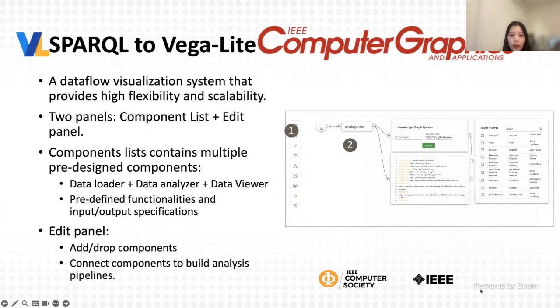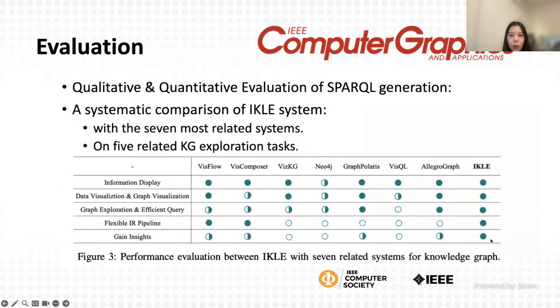We have done several evaluations. First, we evaluated the performance of our SPARQL generation algorithm by comparing it with ground truth SPARQL queries, which were manually created by our domain expert.